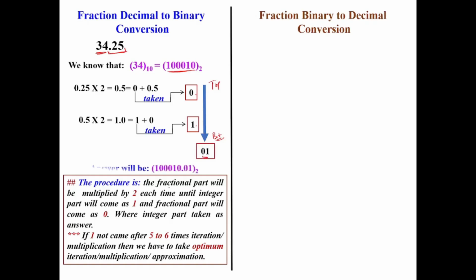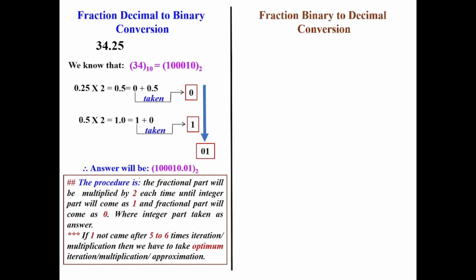So the decimal number 34.25 will be equal to 1000010 for 34, and for 0.25 it is 0.1, written after the point like this: 0.1. A binary number is represented by subscript 2.